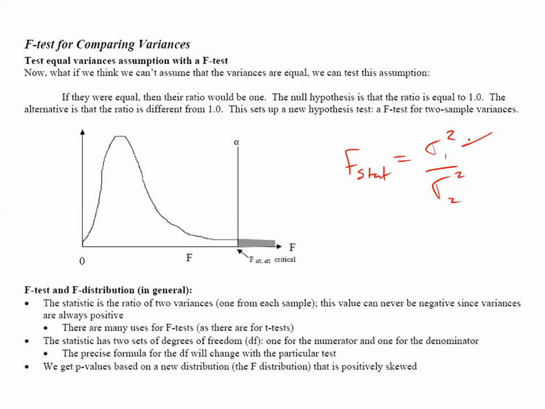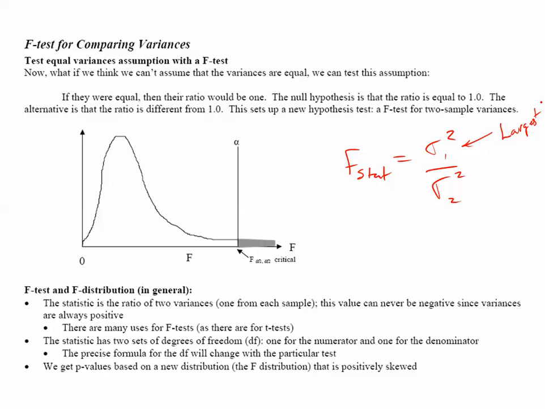What's important here is that we want to do a single-sided test, and so we're going to make sure that the numerator in this fraction is the largest. So in this case we would use the men's variation in weights as the top and the women's variation in weights as the bottom. Now this statistic is the ratio of the two variances.